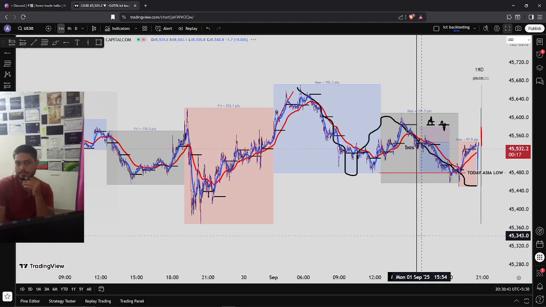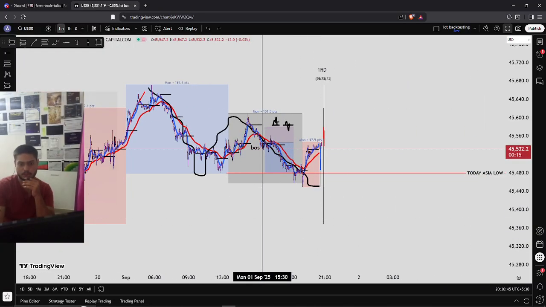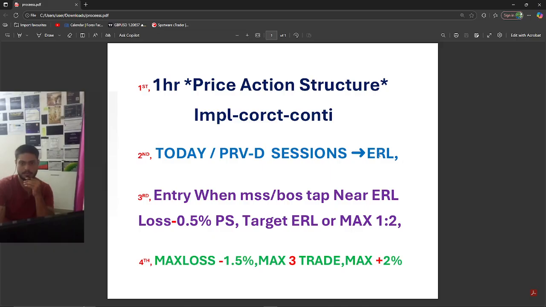Again, it's pretty simple. You just target the external range liquidity, that too when price is closer to it, that too if the overall 1 hour time frame price structure is in that direction, that too if the last hourly candle is in the same direction where the overall trend is and where the nearest external range liquidity is, and you get in with either MSS of higher low or BOS tap retest.